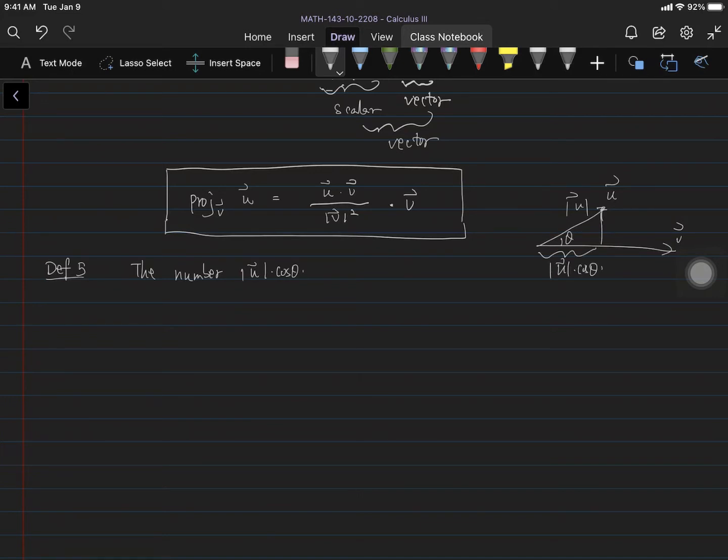It's called the scalar component, because we know it's a length. So it's the scalar component of u in the direction of v.